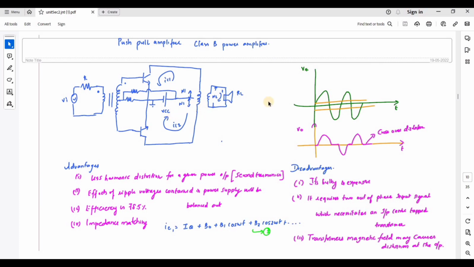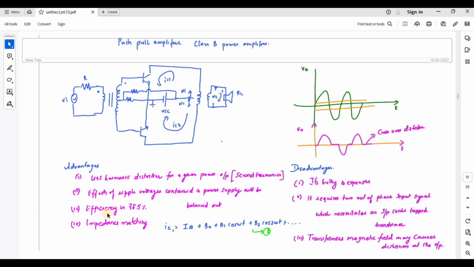So you can see the advantages of class B amplifiers. It has very little harmonic distortion for a given power output because of the absence of even harmonics, and the effects of the ripple voltage contained in the power supply will be balanced out.